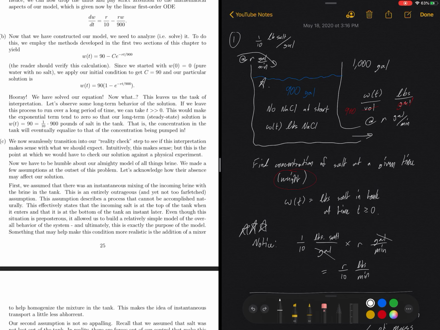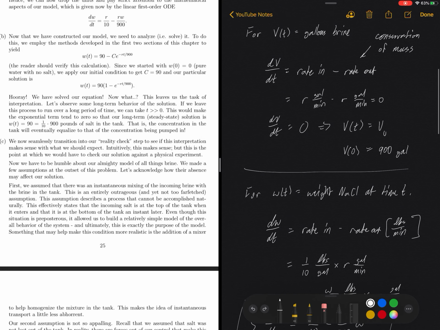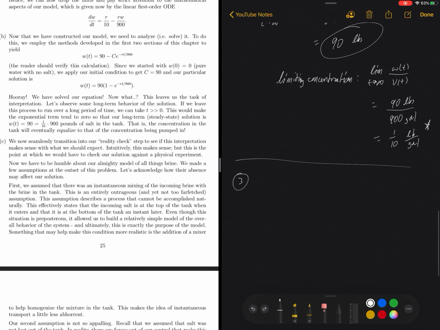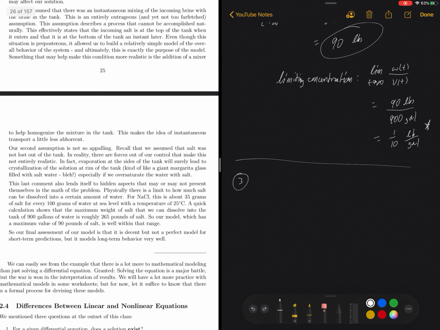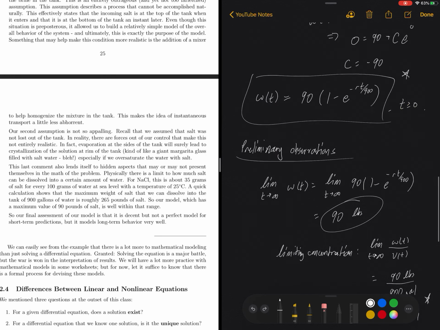But the point is that salt up here takes time to travel to the exit, or to be incorporated into the rest of the solution. That's something we haven't accounted for yet, and would be better suited to a model in partial differential equations, where we take our spatial variables into consideration as well. So one, we did assume that mixing was instantaneous.